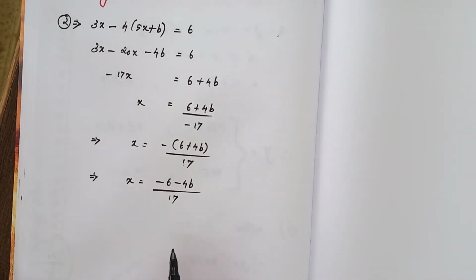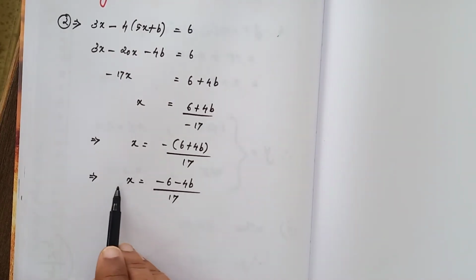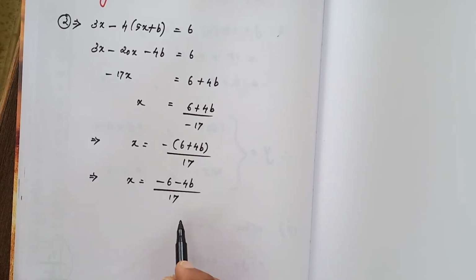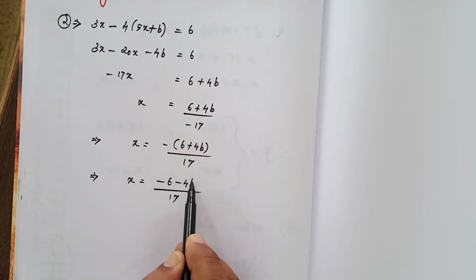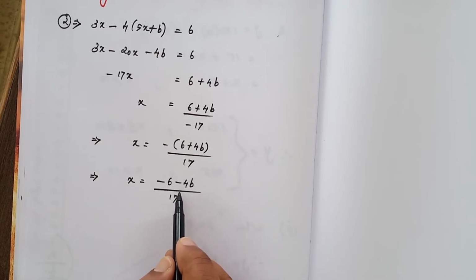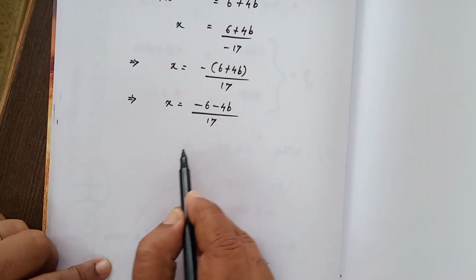Here in this question, you are given b and x are integers. Since 17 is in the denominator and x is an integer, the numerator has to be a multiple of 17. So how to write?